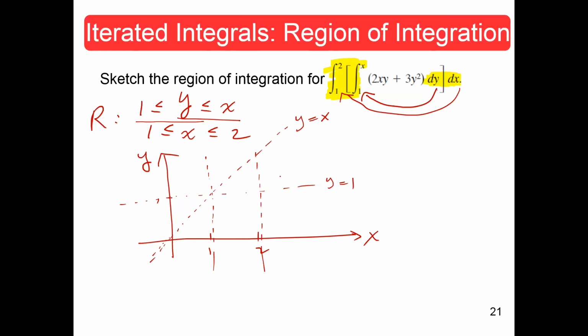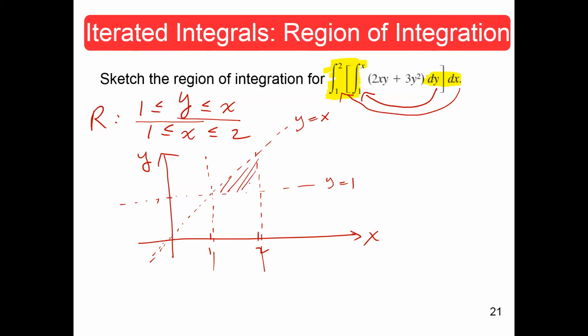So this graph is going to be y equals x. With all of these lines here, x must be between 1 and 2, so it should be between these two strips. And y is higher than 1 and lower than x. So can you see the region being formed now? Folks, if you are supposed to highlight it, x is between 1 and 2, y is between 1 and x.